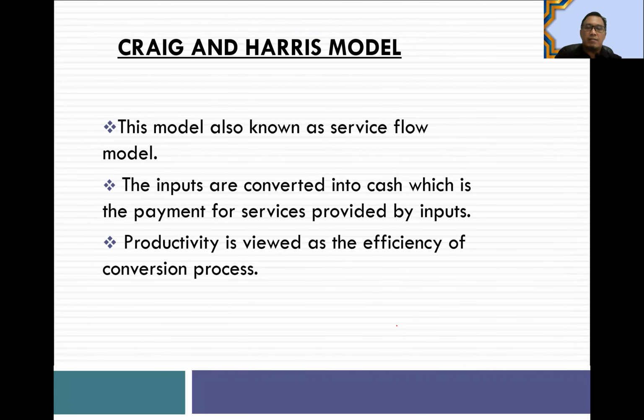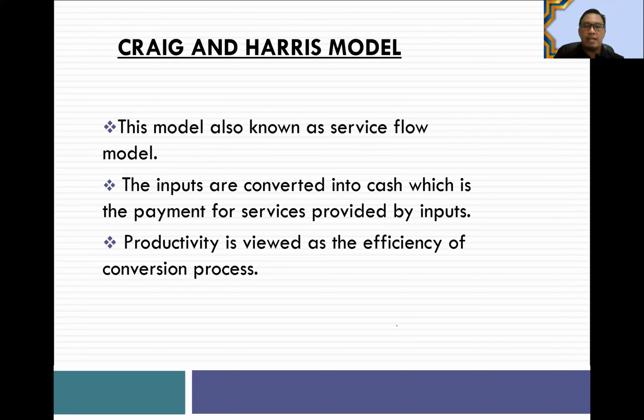All right. The second model that I'm going to talk about is the Craig-Harris model, also known as the service flow model. So the logic is like this: the inputs are converted into cash, which is the payment for services provided by inputs.